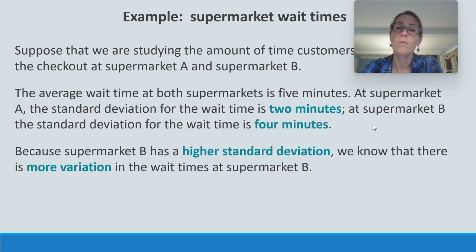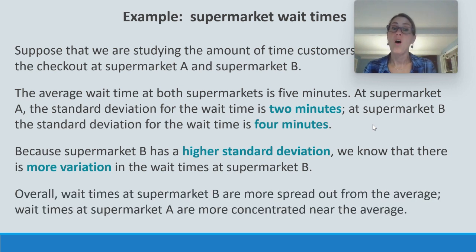So because Supermarket B has a higher standard deviation, we know there's more variation in the wait times at Supermarket B. Overall, the wait times at Supermarket B are more spread out from the average, and the wait times at Supermarket A are more concentrated near the average.